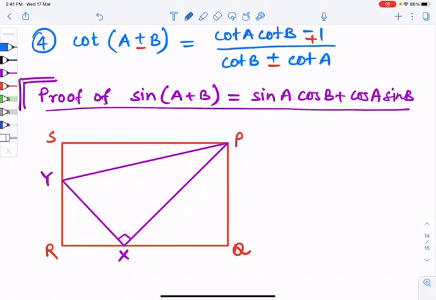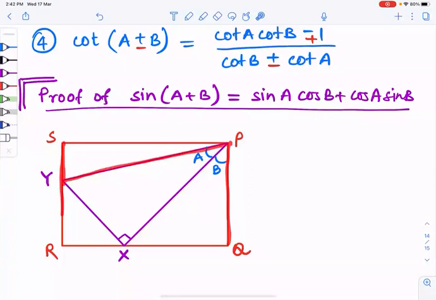Now, let us take this angle as A and this angle as B. Okay, then you see these are parallel lines. This is a transversal.